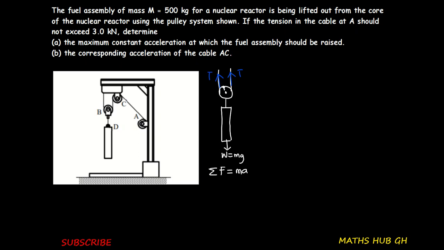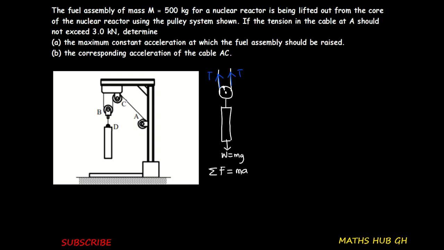For that reason, the tension in the cable is going to be uniform. So the tension value at point A will be the same as the tension at points B and C. The tension will be uniform across the cable.